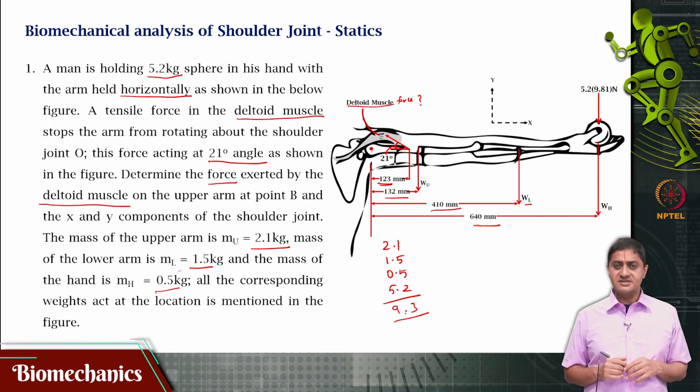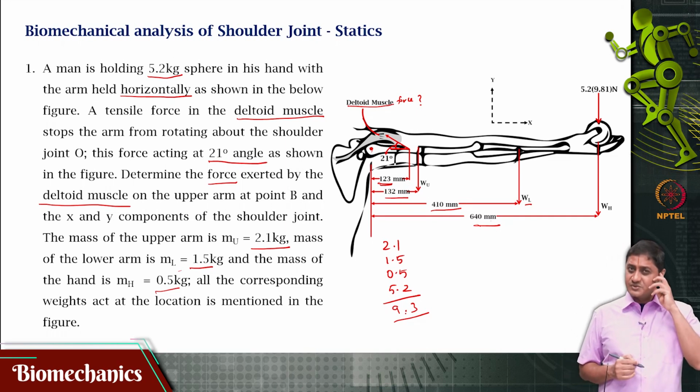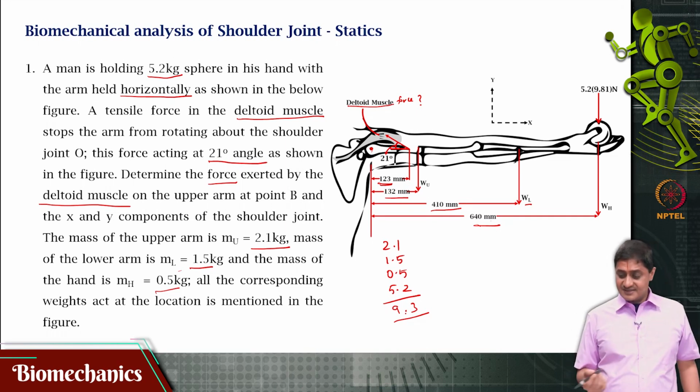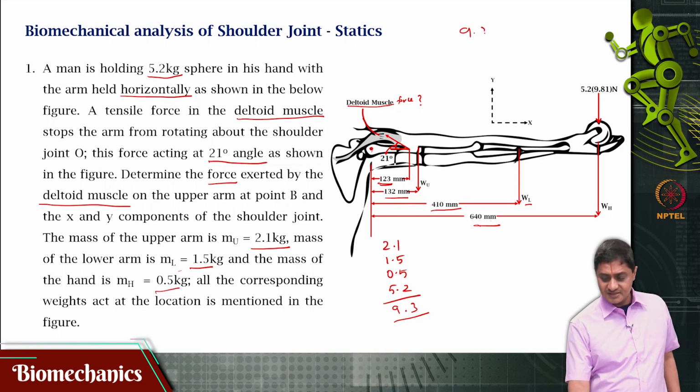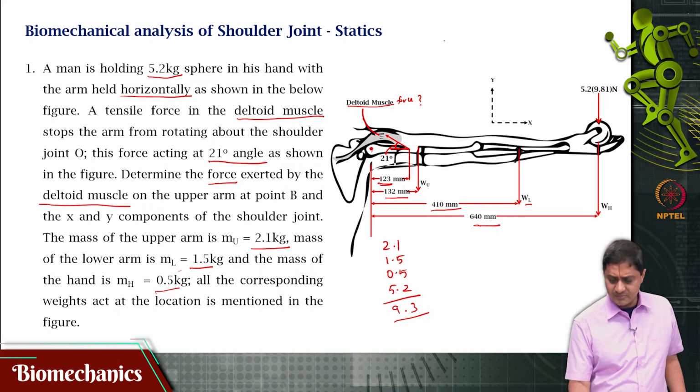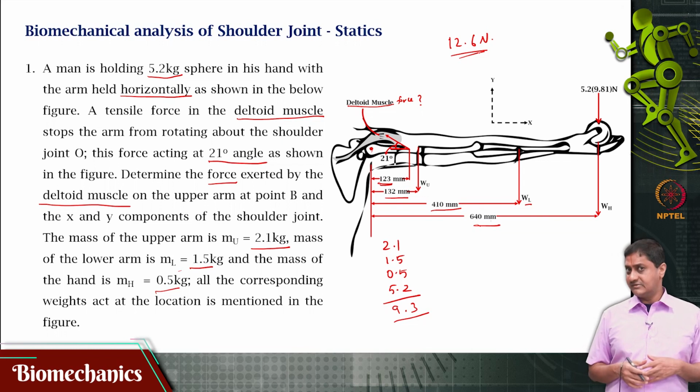This is critical because sometimes students find this answer and then write out the answer as 9.3 Newton. They might get some other answer, not necessarily 9.3, say 12.6 Newton. It is extremely unlikely for this to be correct.